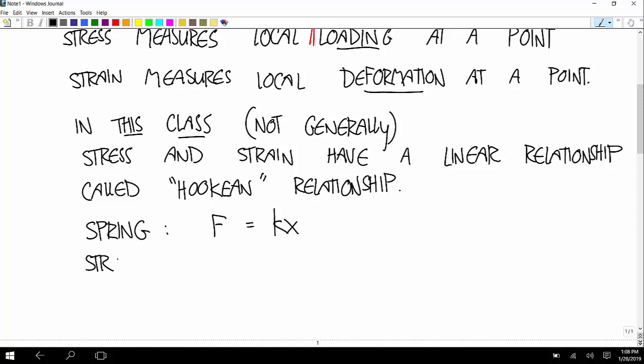For stress strain, it's going to look like this. Voigt strain, that's strain given as a list of 6 values, is equal to a big matrix called the compliance times the Voigt form of the stress.